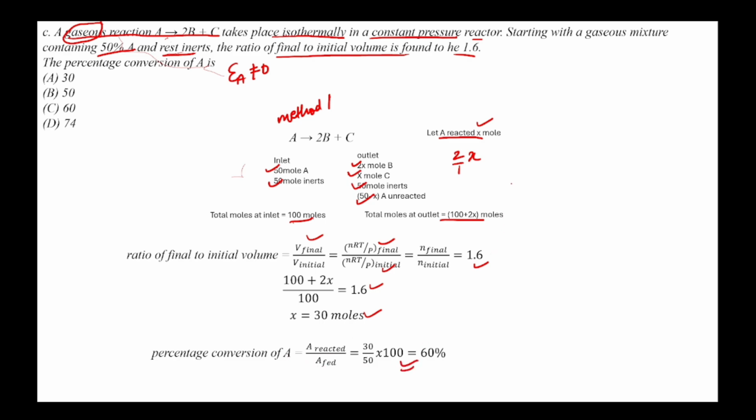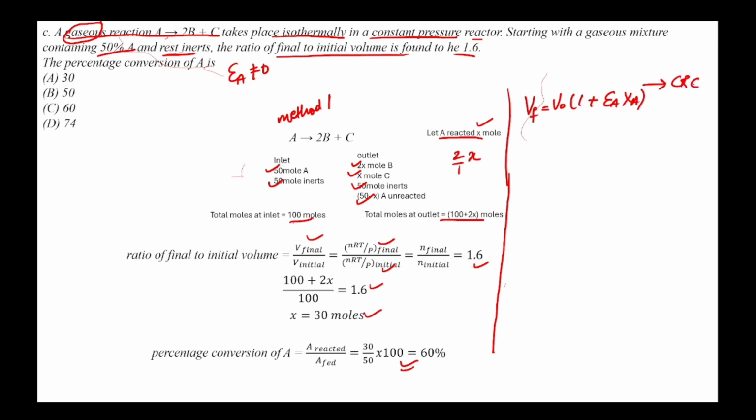Now, this is a little bit long and not relevant to the question, but we know that V final is equal to V naught into 1 plus epsilon A XA, right?